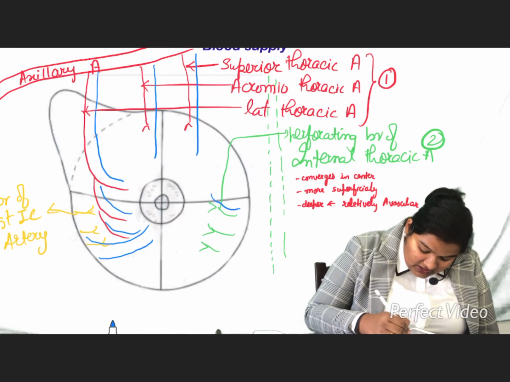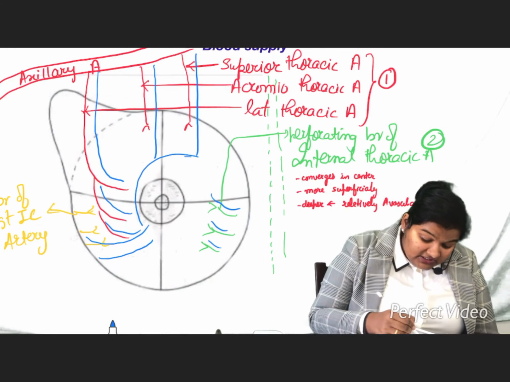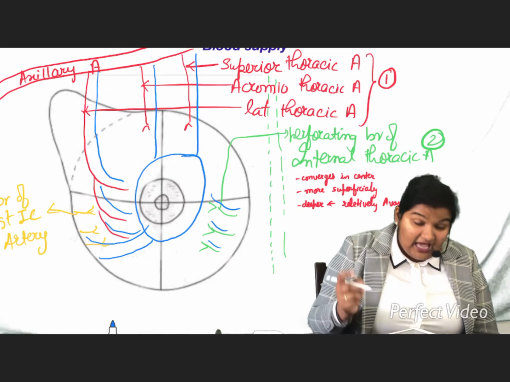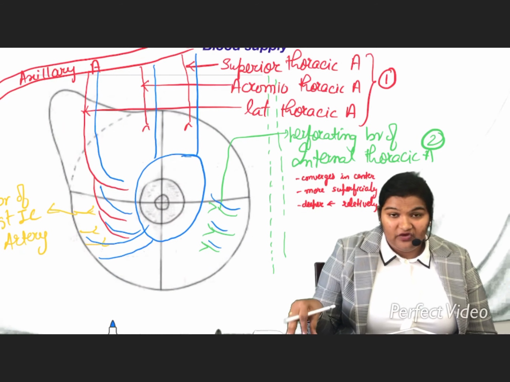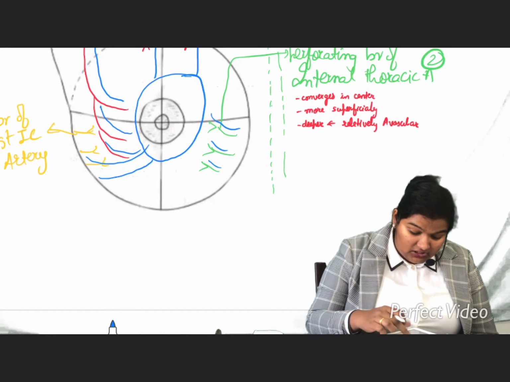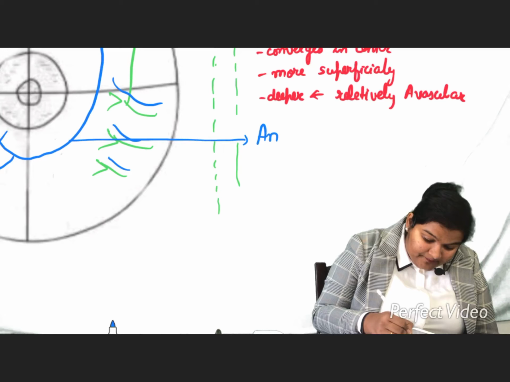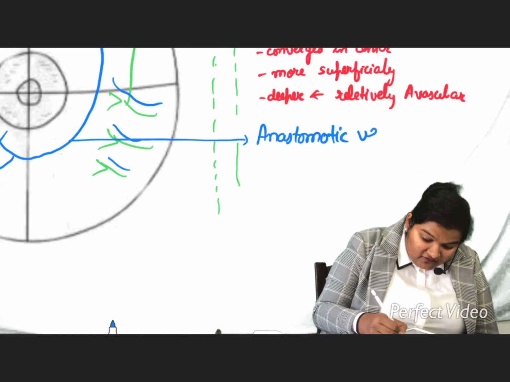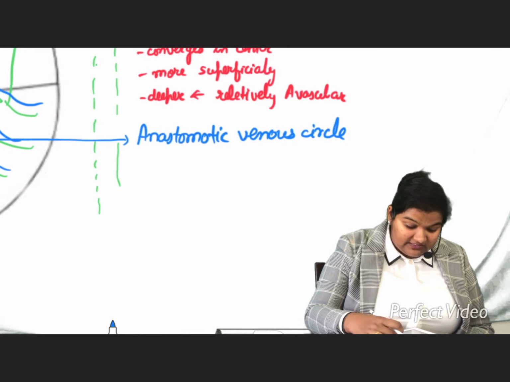So here comes the other part, and it forms the circle in the center, and this circle is called the anastomotic venous circle. Okay, so what is this circle called? It is called the anastomotic venous circle.